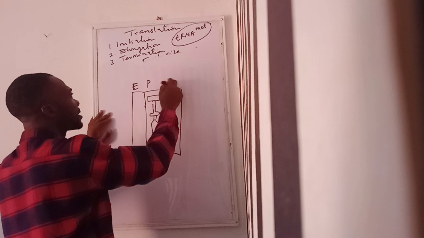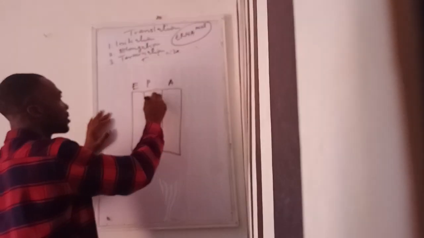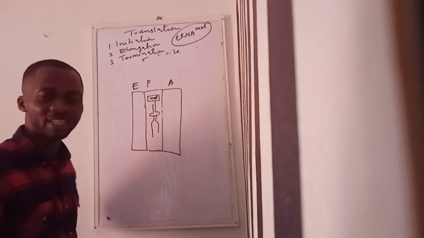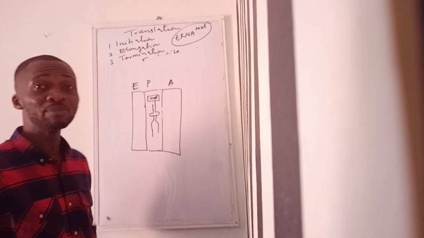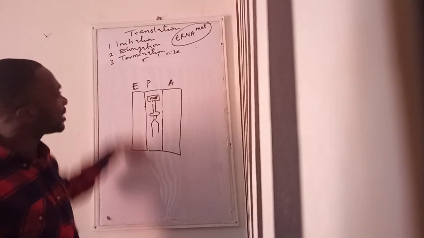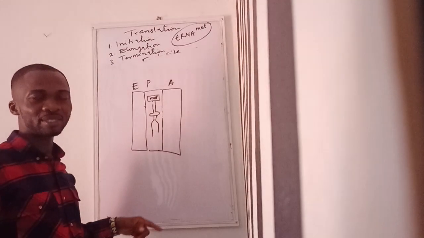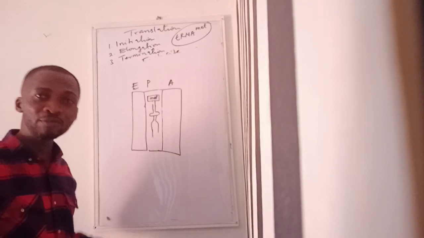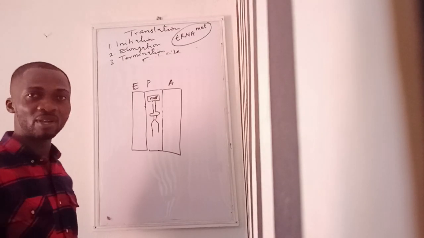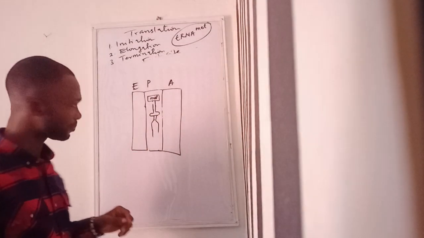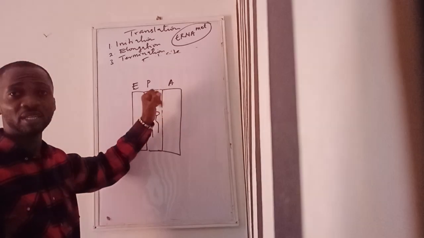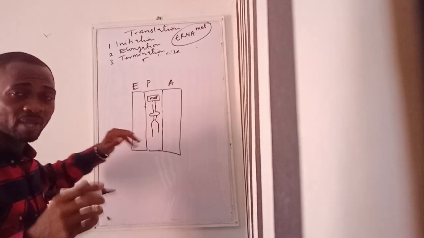So this is the E site, P site, A site. So this one is methionine. Like I said, let me repeat it again. The transfer RNA carrying methionine will have to come directly through the P site. But apart from this one, every other transfer RNA carrying any other amino acid will have to pass through the A site, which is amino acid site.